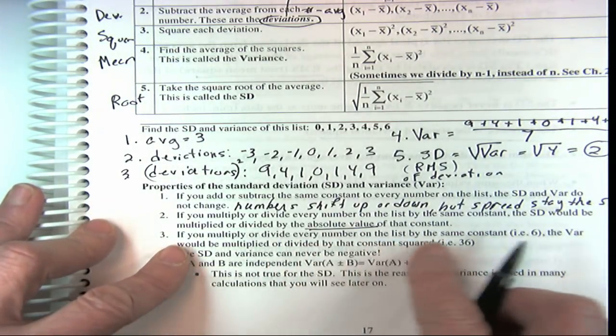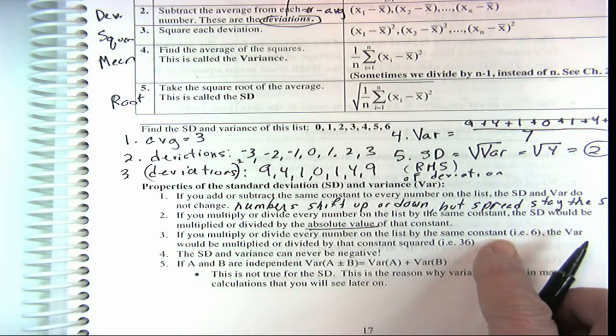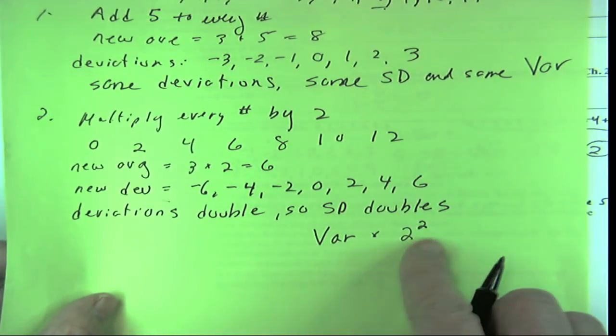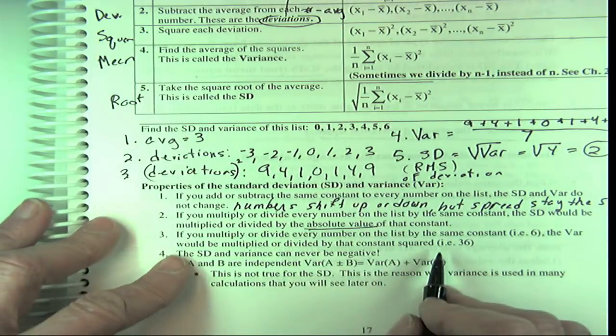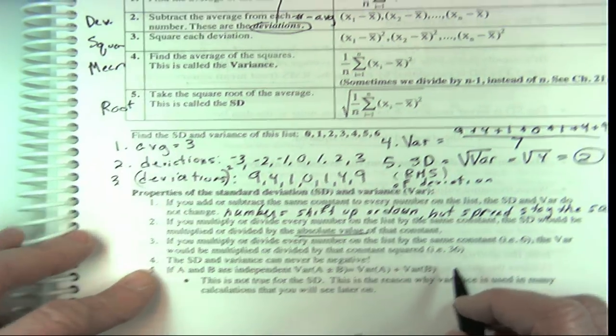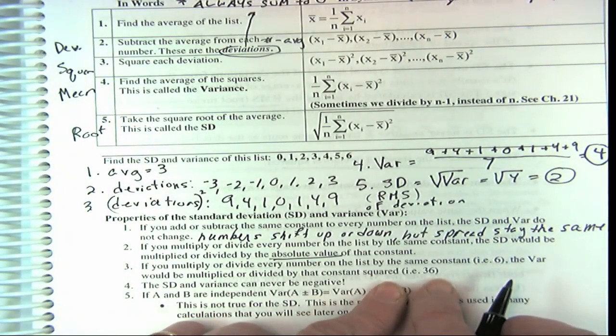And if you multiply or divide every number on the list by the same constant, we did 2, and then the variance got 2 squared. If we did 3, it would be 3 squared. It's multiplied or divided by that constant squared. So if we multiplied every one by 6, the standard deviation would get multiplied by 6, but the variance would be multiplied by 6 squared.